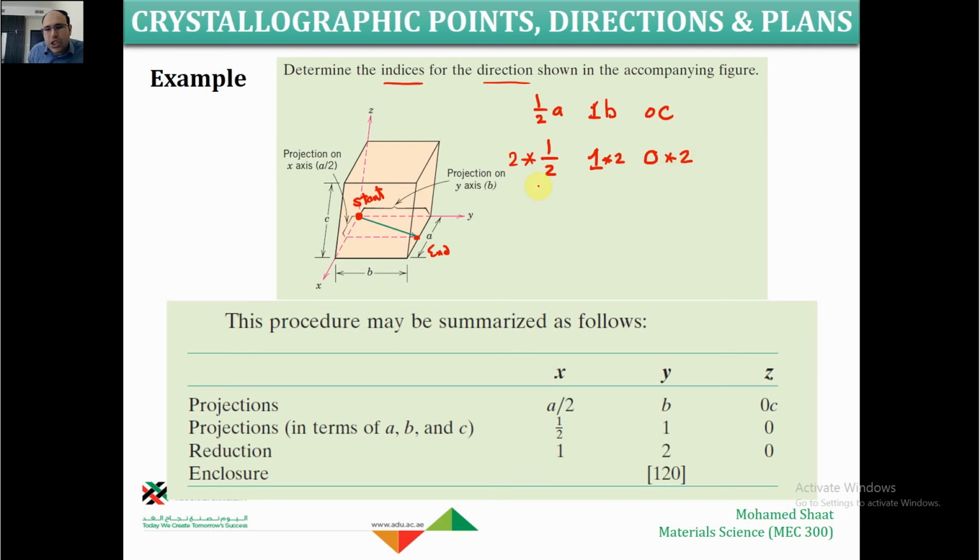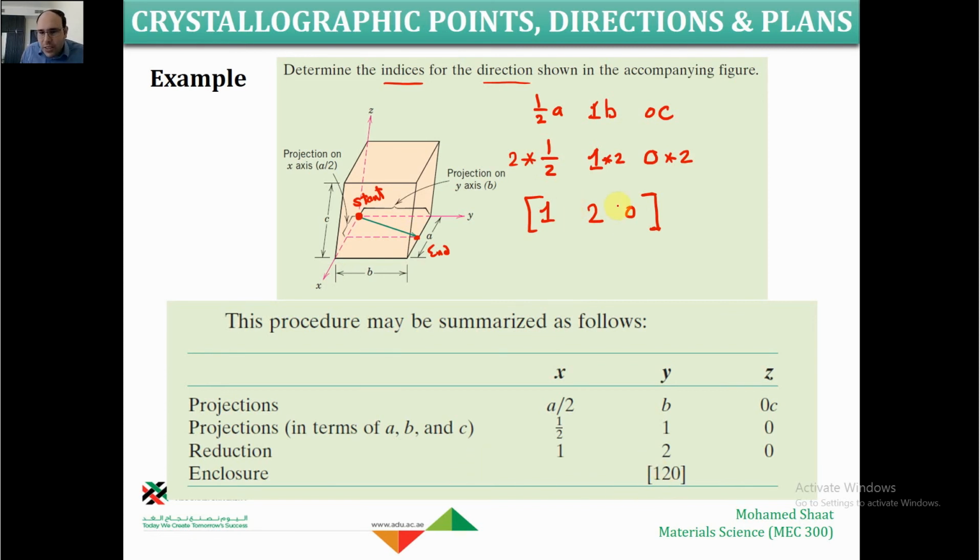Why 2? You choose the largest denominator and multiply by this value. This gives us 1 and 2 and 0. Then you confine them in a square bracket. This gives you the crystallographic direction, which is [1 2 0].